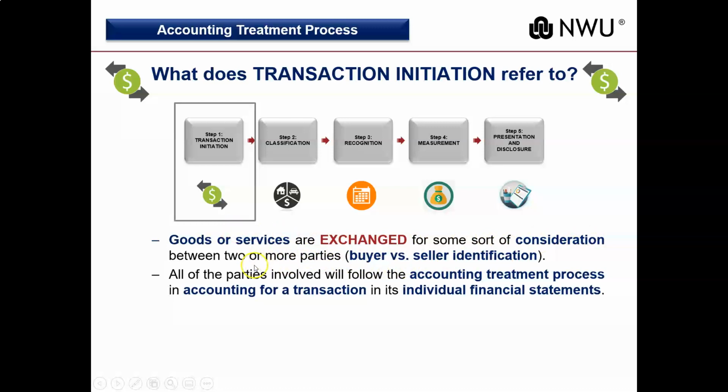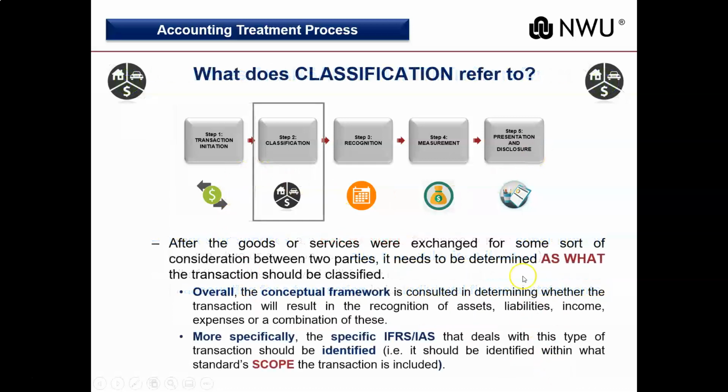So there's a buyer on the one side or a receiver of the service and a seller on the other side, the seller of the goods or the person performing the service. All of the parties involved will follow the accounting treatment process, i.e. steps 1 to 5, and then each and every transaction will be recorded in the financial statements as we have said.